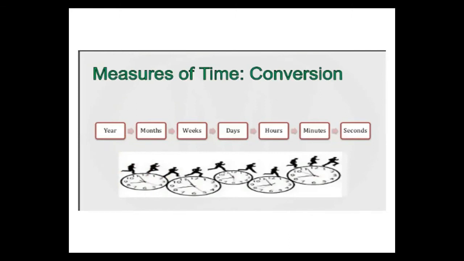How do we measure time? Conversion: time is converted. For example, a year is converted into months, months into weeks, and weeks into days, hours, minutes, and seconds.